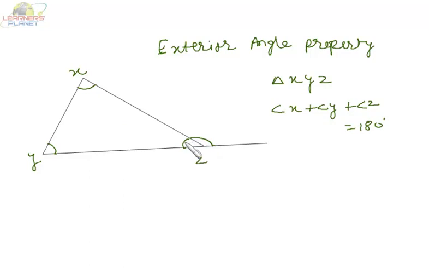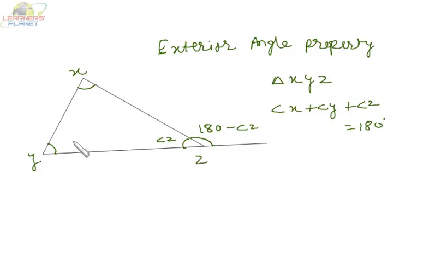Now we have discussed that since this is a straight line, this complete angle is 180 degrees. So if the interior angle is Z, the exterior angle will be 180 minus angle Z. Okay, so this is an exterior angle. Similarly, the exterior angle can be over here also and can be over here also.